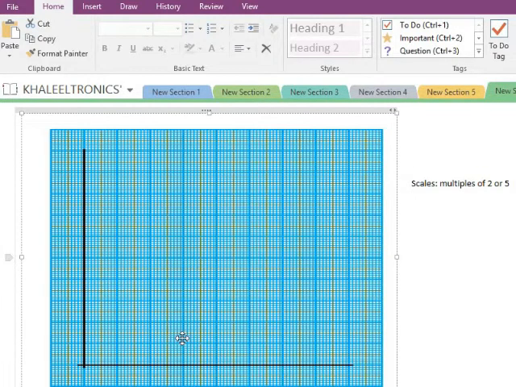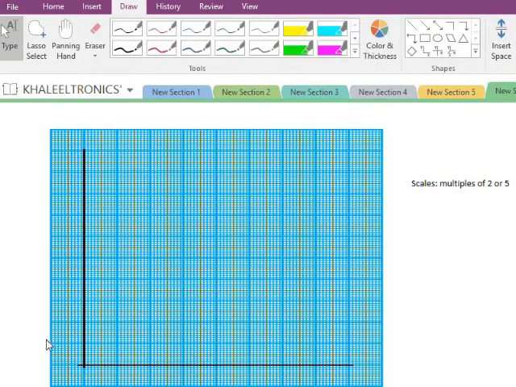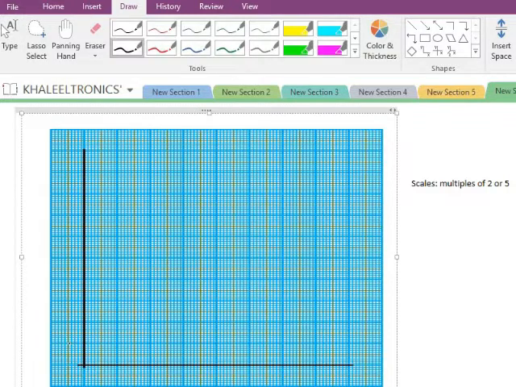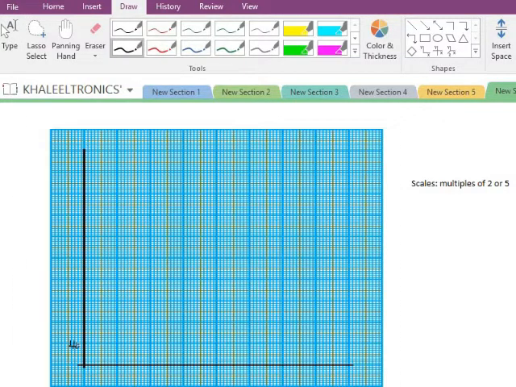As for the y-axis, that is here I'm going to have 40, 80, 120, 160, 200 up till 240.